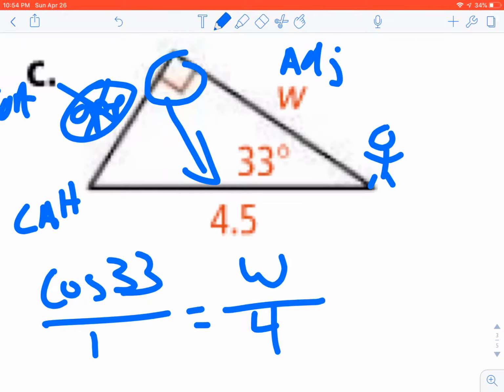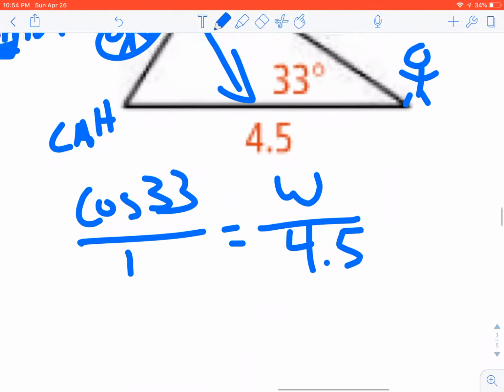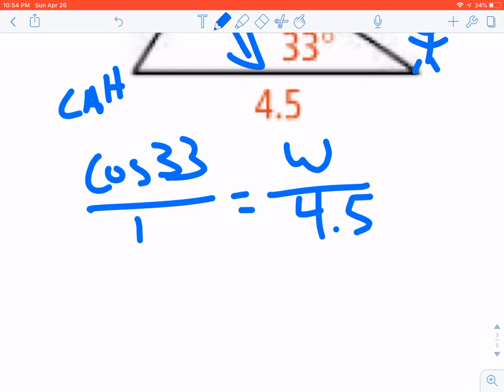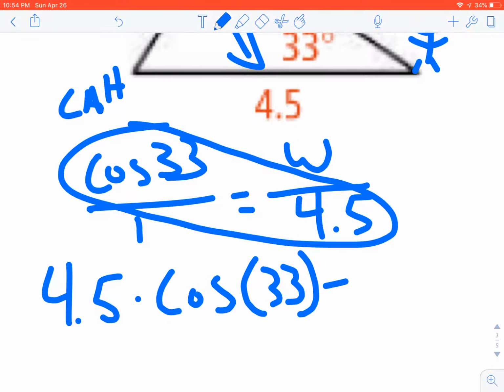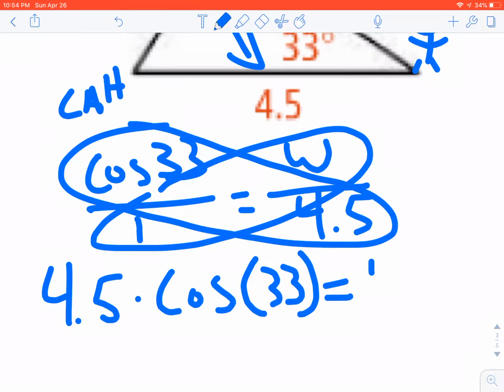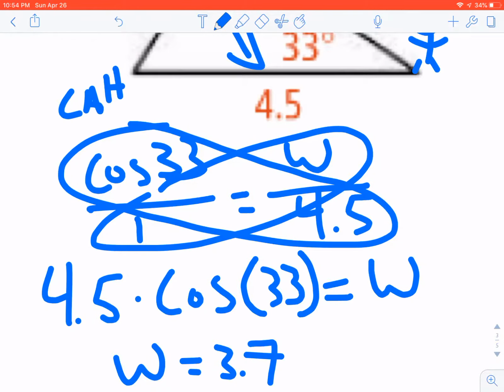The hypotenuse comes second, so 4.5 goes on the bottom. So that's my setup. I'm going to cross multiply. I get 4.5 times the cosine of 33 is equal to W. Okay? When I type that all into my calculator, I believe W should be 3.7.